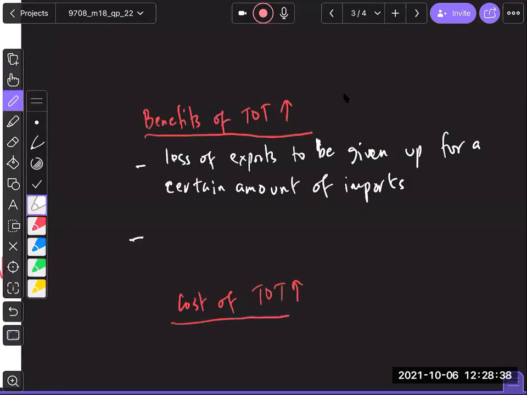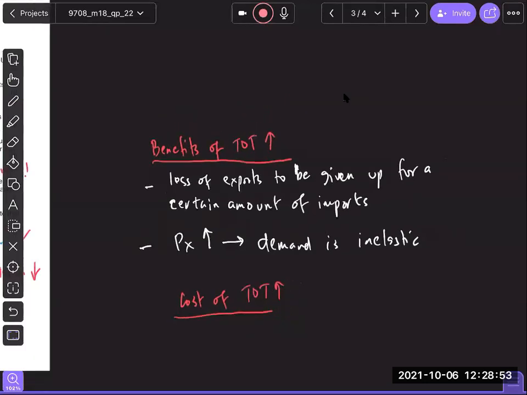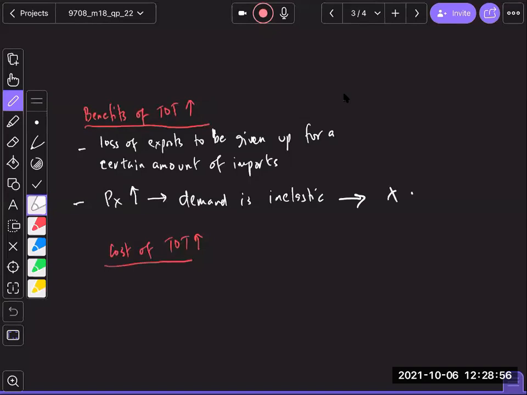Another benefit is that if terms of trade is going up, exports are becoming expensive, and demand is inelastic, how will it benefit, guys? Then this would mean your X minus M can also go up. If demand is inelastic and exports are becoming expensive, your export revenue will go up, causing your X minus M to go up, which can in turn improve a country's balance of payments and therefore give it stronger reserves.